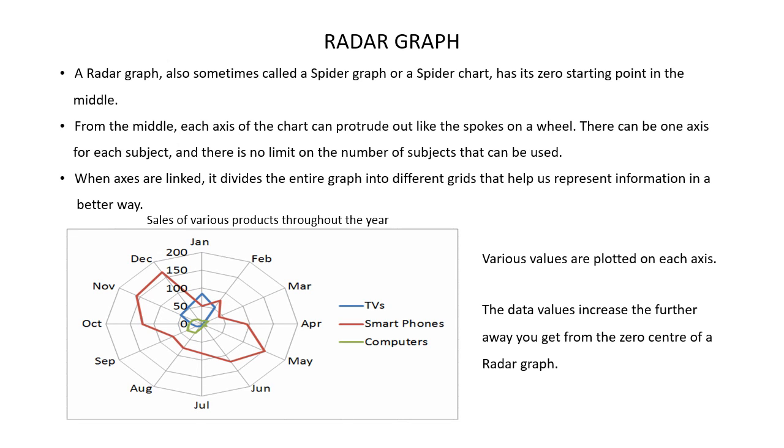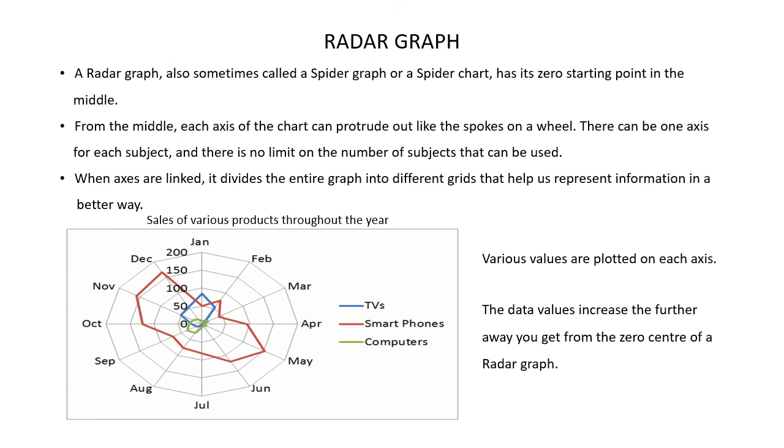Now various values are plotted on each axis. Now if this is 0, then this is 50, this is 100, this is 150 and this is 200. As you move away from the zero starting point, the values start increasing.